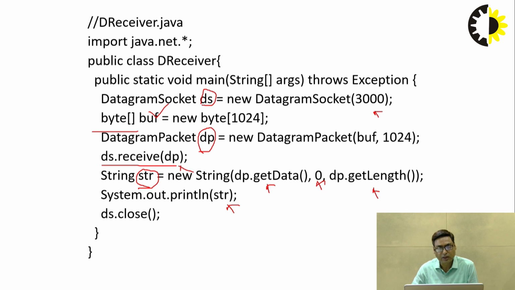One is the ServerSocket class, second is the Socket class, third is the DatagramSocket class, and fourth is DatagramPacket. I discussed the implementation of these four classes provided by the Java programming language, and it is very easy to understand the concept and implement it. You can do good programming with the help of these classes. I hope you understand whatever message I wanted to convey to all of you, and you understand this programming.